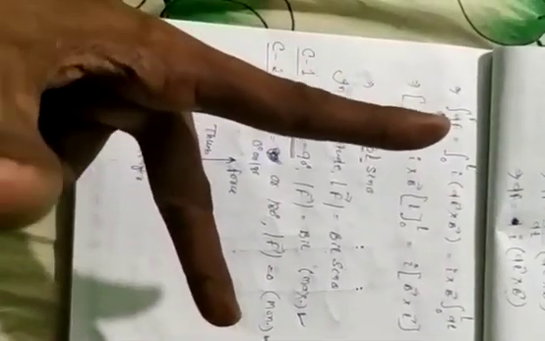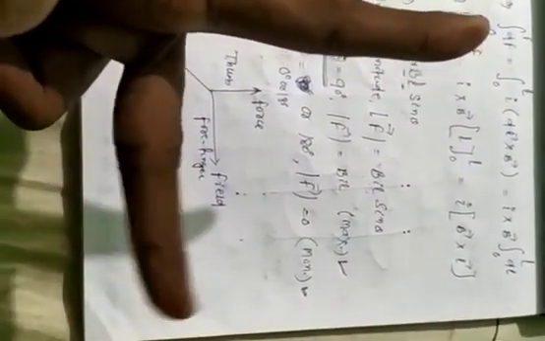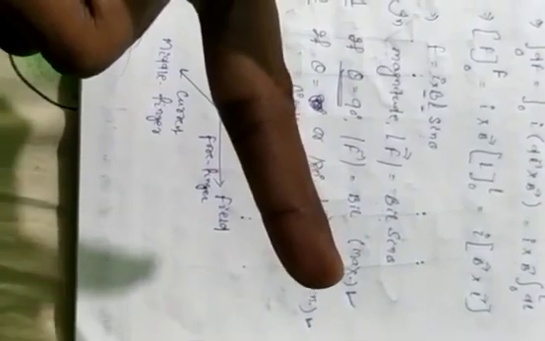In this case, the thumb gives the direction of the force, the forefinger gives the direction of the field, and the middle finger gives the direction of the current.